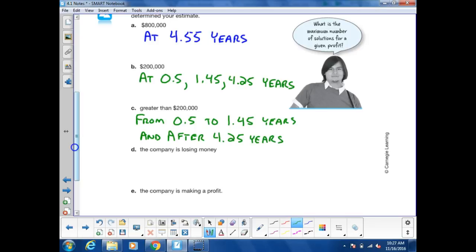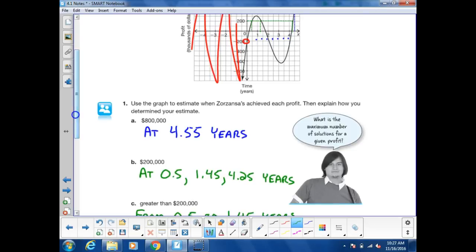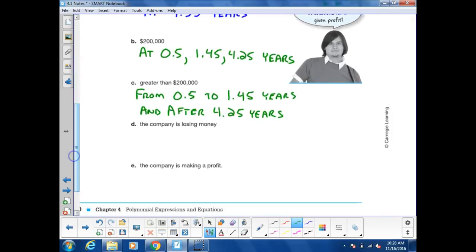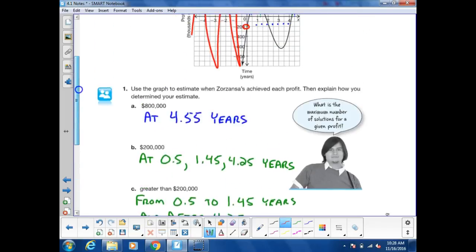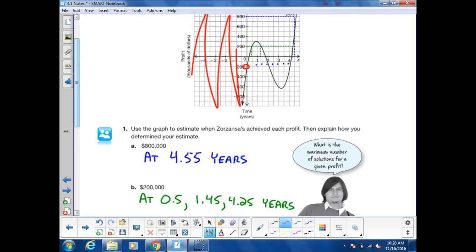When is the company losing money? Well, looks like we're losing money from 0 to about 0.25 years. We're in the negative. And then from 1.75 to 4.25.